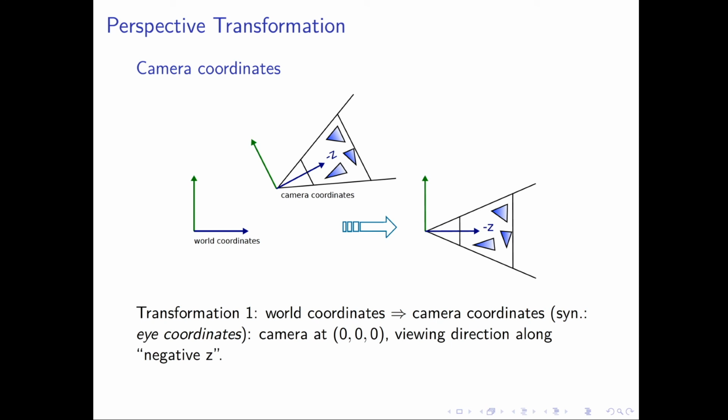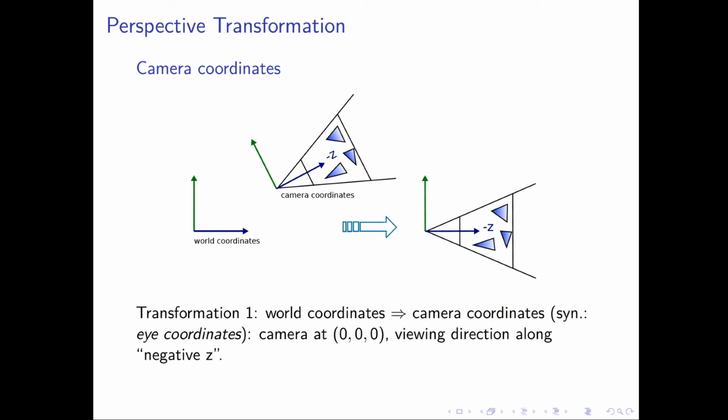The very first transformation, which is applied to all vertex positions, is one where we transform from so-called world coordinates to camera coordinates or eye coordinates. The camera coordinate system is a coordinate system where the camera position is at the origin, at the 3D position 0, 0, 0, and we're viewing along the negative z-axis.